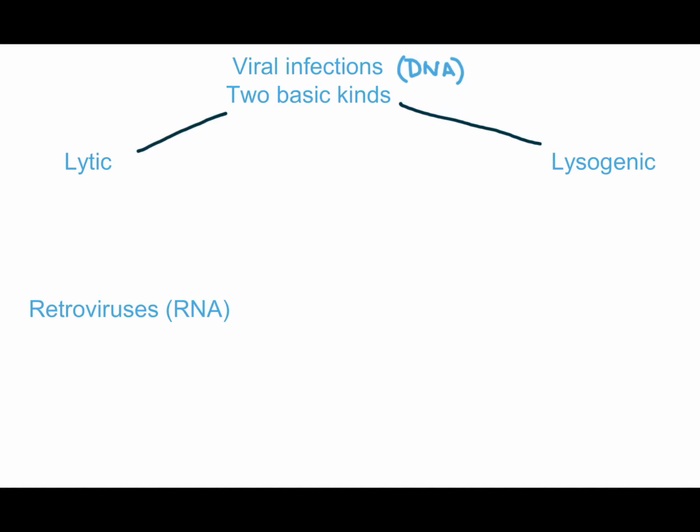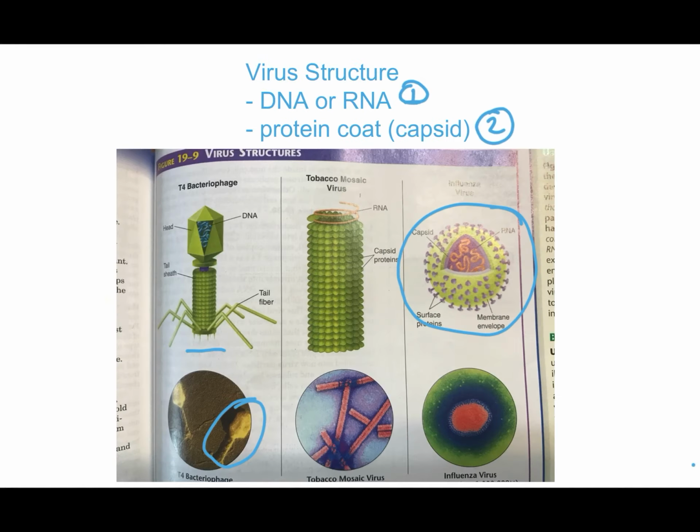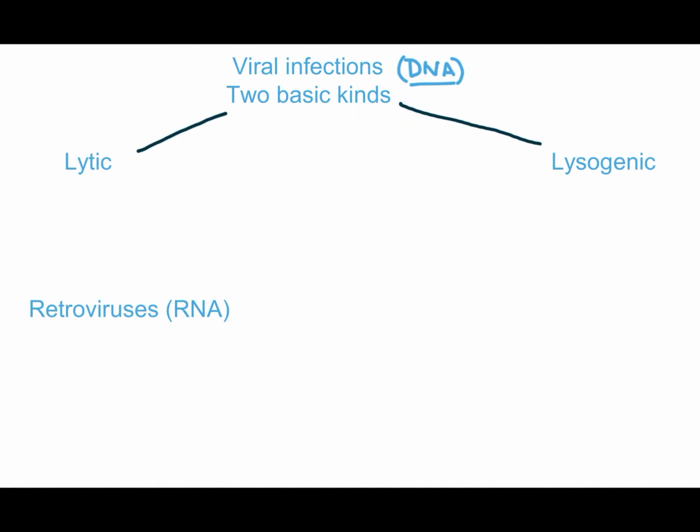There are two basic kinds of viral infections using DNA. A virus, as I said before, can have DNA or it can have RNA. So we're going to talk about viral infections using DNA. Now, an important thing to note here is that viruses are not considered living. The reason is because of these two different basic kinds of infection.